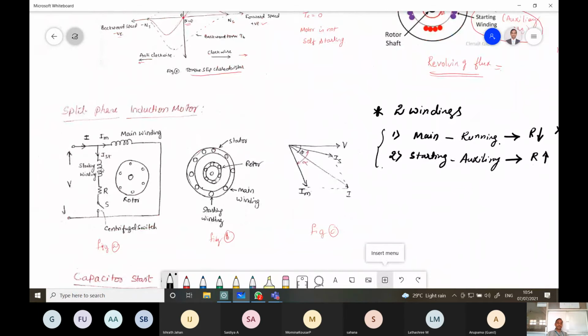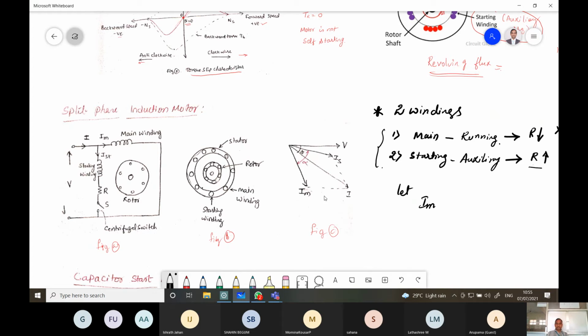It can also be done by choosing a high resistance copper wire for the winding.